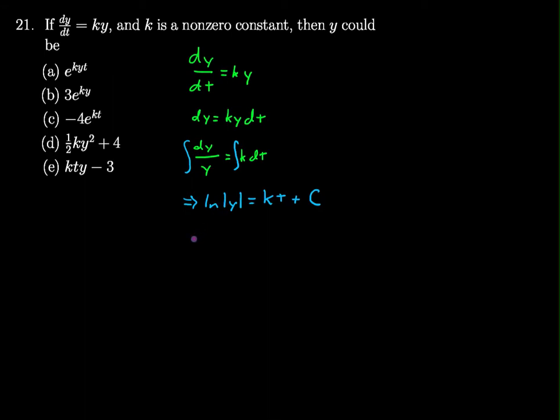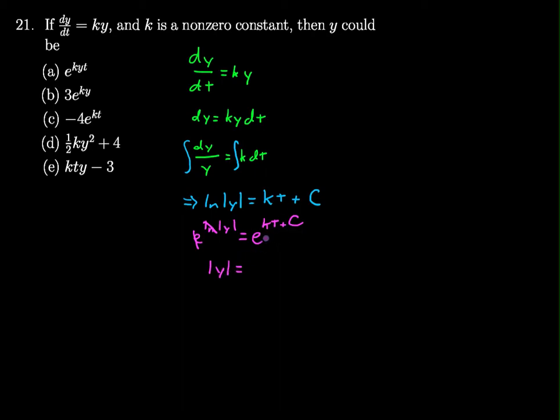So if I have e to the natural log of the absolute value of y, that will equal e to the kt plus some arbitrary constant c. And the power of e to the natural log, which is log base e, these will sort of cancel. We'll get the absolute value of y on this side.